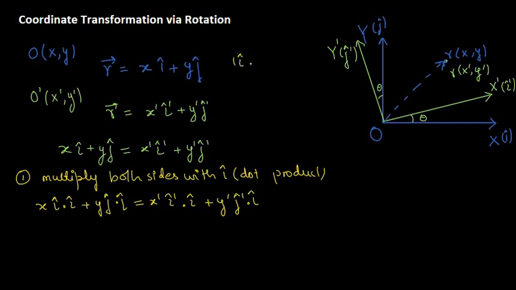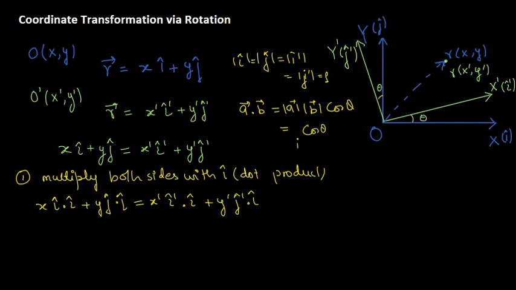Since the modulus of i equals modulus of j equals modulus of i prime equals modulus of j prime, and that is equal to 1. From a dot b, which is nothing but mod of a, mod of b, cosine theta, this is basically equal to cos theta if the mod of vector a equals mod of vector b equals 1.